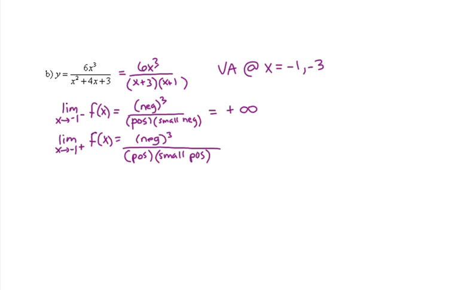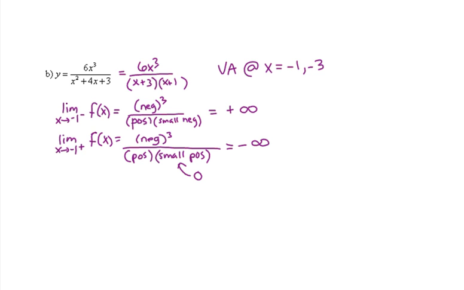Why is the small positive important in this? That's what's actually making it approach infinity, right? Because this is basically like getting closer and closer to 0, right? So when you have a number over a very small number, it gives you an enormous number. Okay, so that approaches negative infinity.